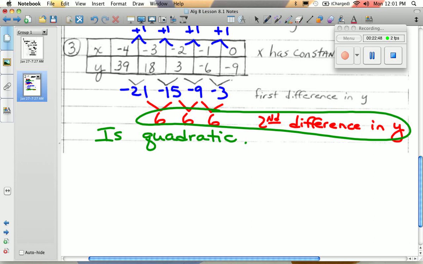If it shows up in the first difference, does anybody remember what kind of function it is? What are the other types of functions we've studied? Linear function. Oh, yeah. Oh my goodness. Such retention we have. Okay.